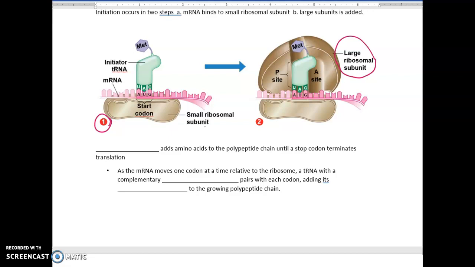So let's look then at elongation. Elongation is just going to add amino acids to the polypeptide chain until we get to a stop codon. As the mRNA moves one codon at a time relative to the ribosome, tRNA with its complementary anticodon pairs with each codon and adds its amino acid to the growing polypeptide chain.